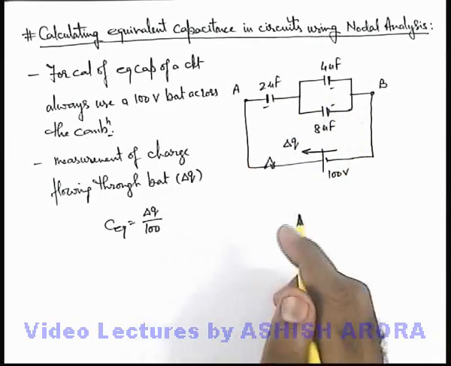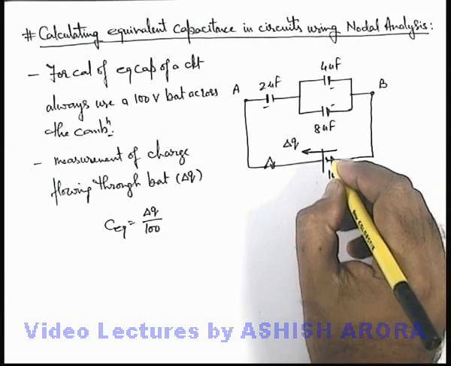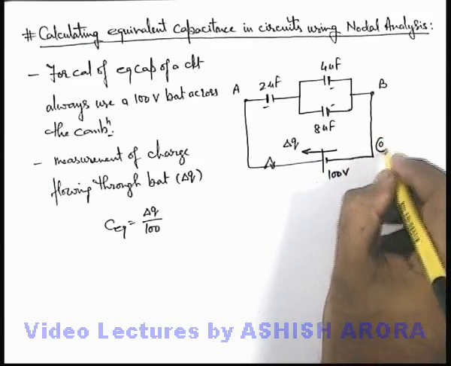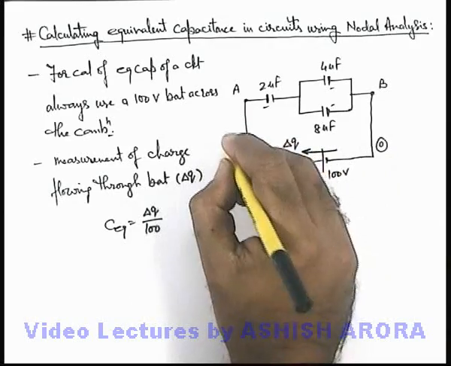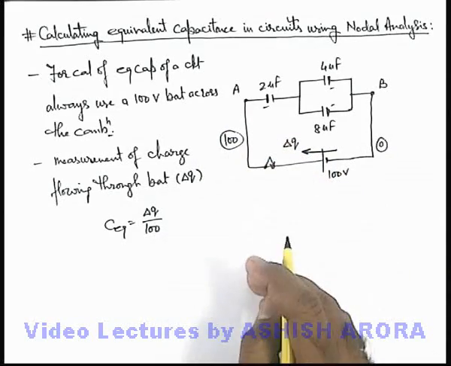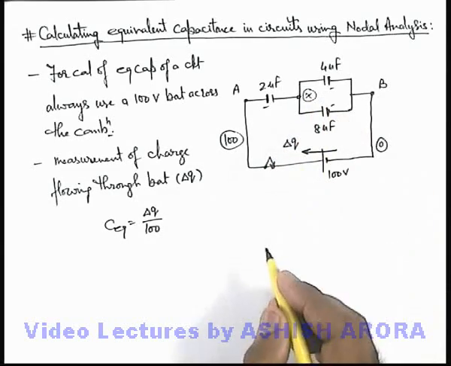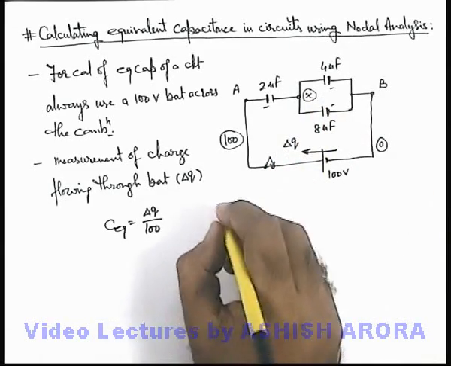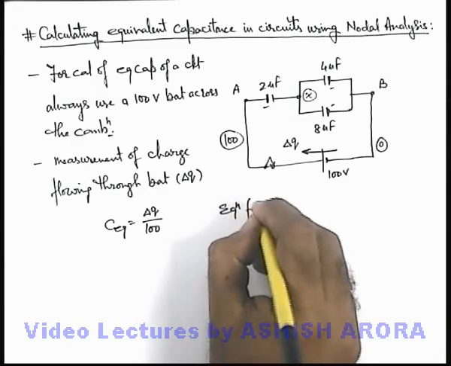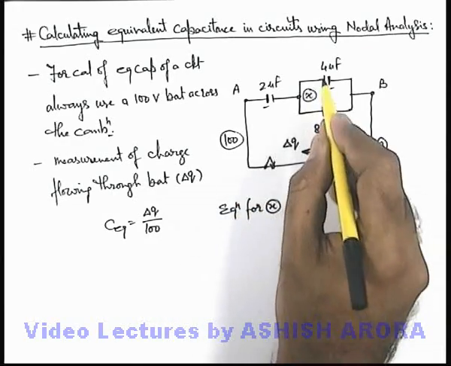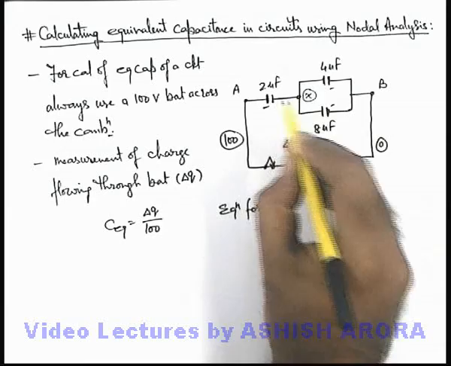To calculate it, we use nodal analysis, and here we distribute the potential. In the circuit, on the negative side we consider 0, then with this reference the potential on the other side would be 100 volts. At this node I consider the potential as x. So I can write the equation for x, as there are three plates connected with this node.